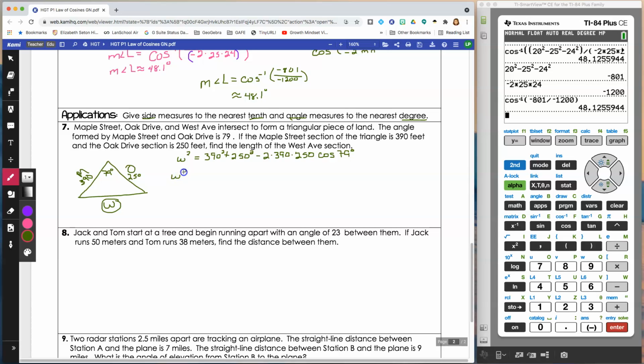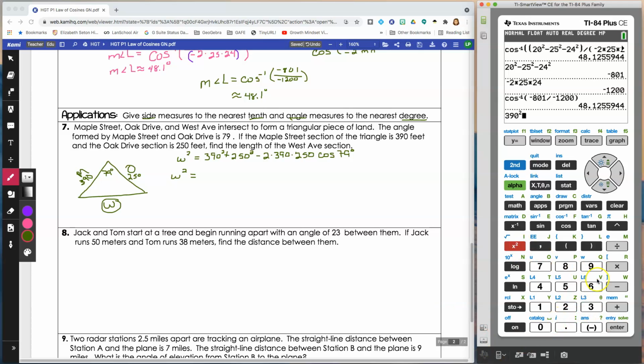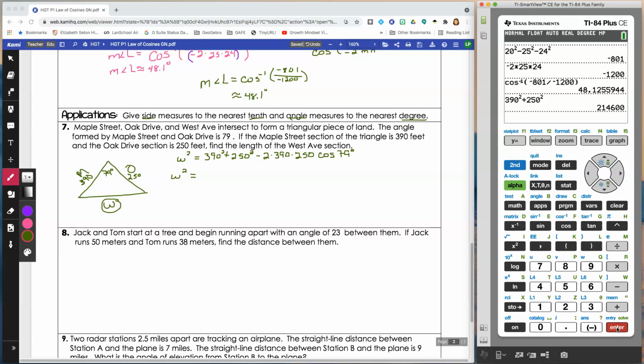So let's just simplify it this way. W squared equals, so we have our 390 squared plus 250 squared. That's going to be a big number, right? 214,600.